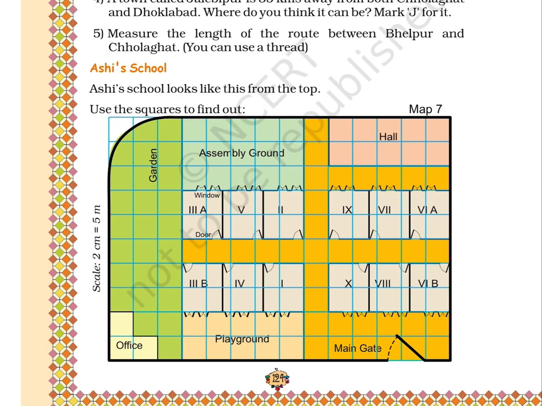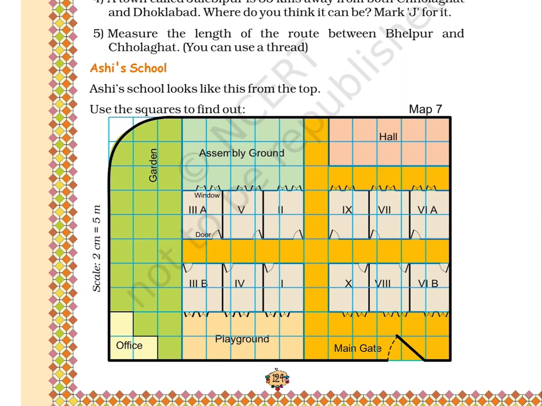A. Length 5 meters and width 4 meters. B. Length 2 meters, width 1 meter. C. Length 12 meters, width 10 meters. Or D. Length 5 meters, width 5 meters. 3. All the classrooms in Ashi's school look like this.